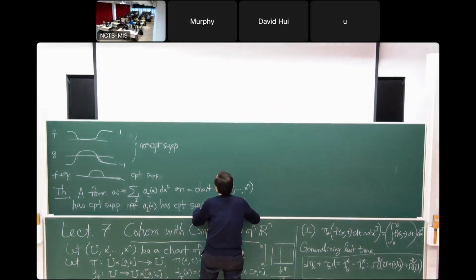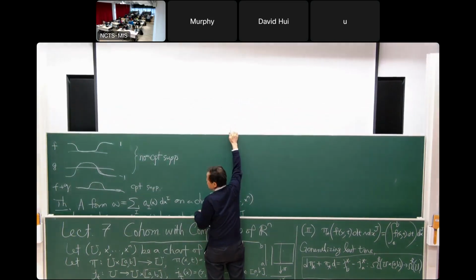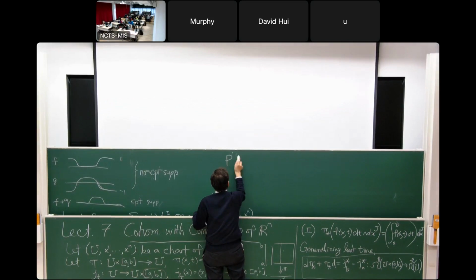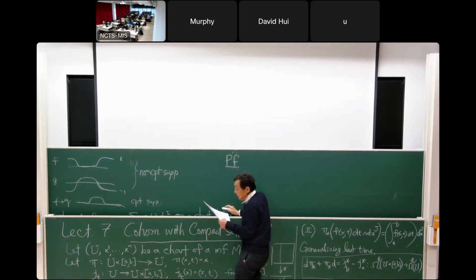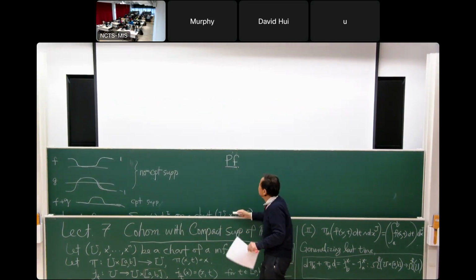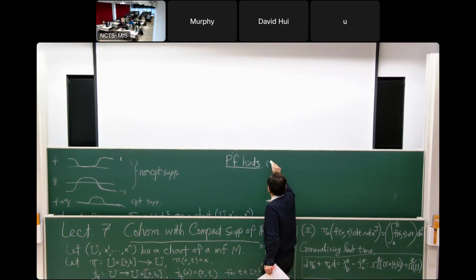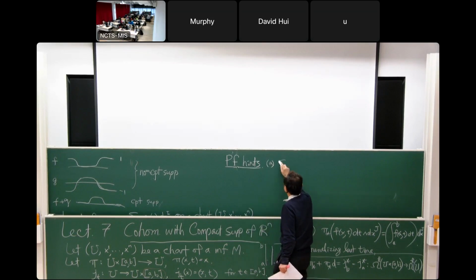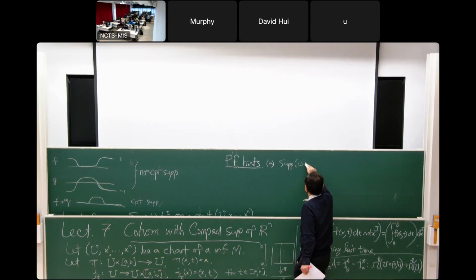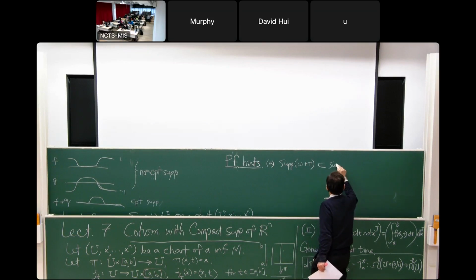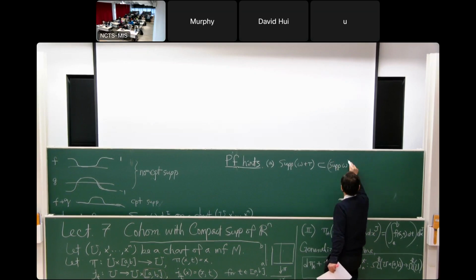Let me leave the proof as an exercise. I don't want to take up class time to do something like this. I can give you a couple of hints. First of all, the support of the sum is in the union of the supports.